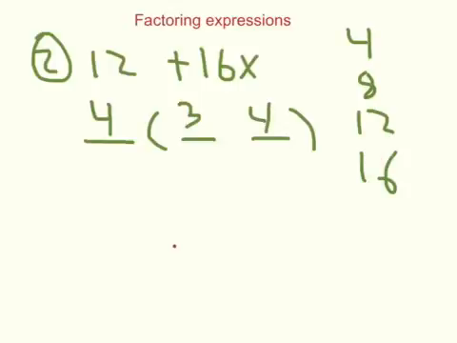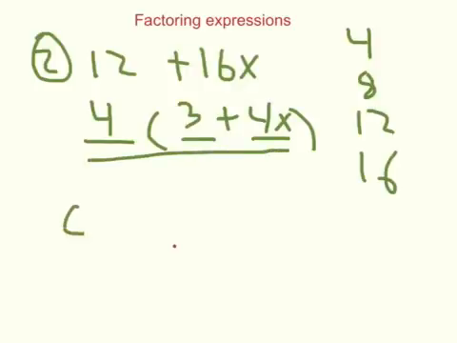And don't forget, since this 16 has an x next to it, we need an x right here. I also need to remember to bring down my plus sign. So your final answer is 4 in parentheses 3 plus 4x. That's factored out.